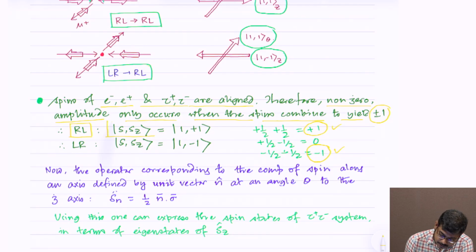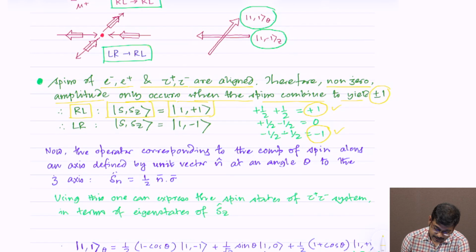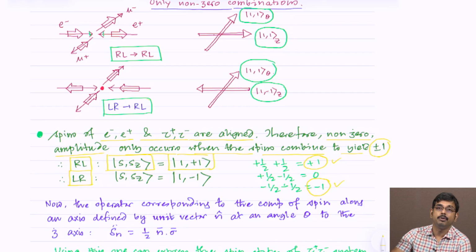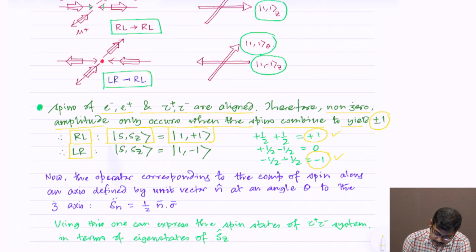So basically, for example, the RL state you can represent by a ket S comma Sz. The total spin of this system is actually 1, and the Sz is aligned toward the positive z axis. On the other hand, what is the LR combination? The LR combination is the one where the spin is combining to 1 and pointing towards the negative z axis, so Sz is equal to minus 1.